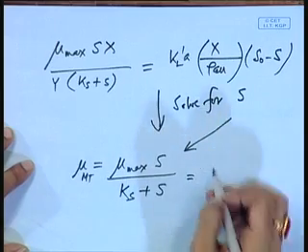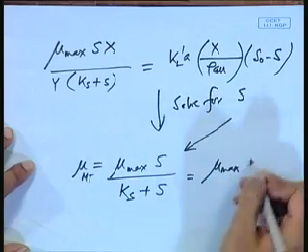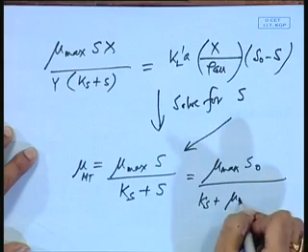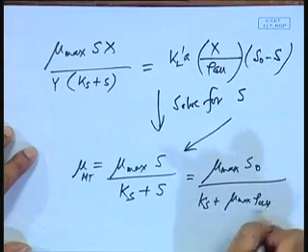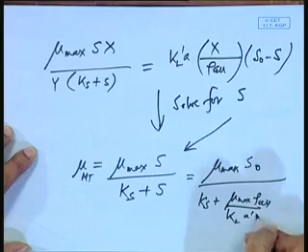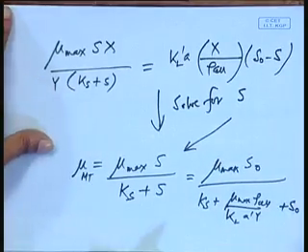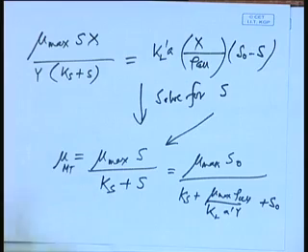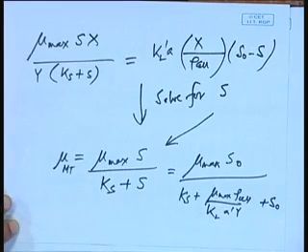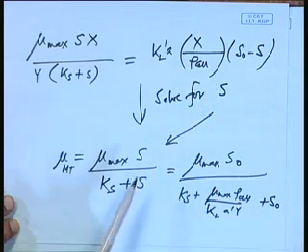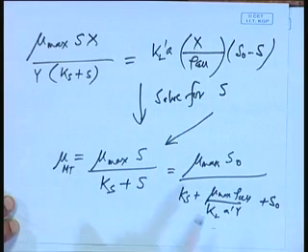What you will get is mu max S naught Ks plus mu max rho cell KL A prime Y plus S naught. So solve for S, put this into this, and after a little bit of algebra, there are some denominators which will get cancelled, and this is what you get.